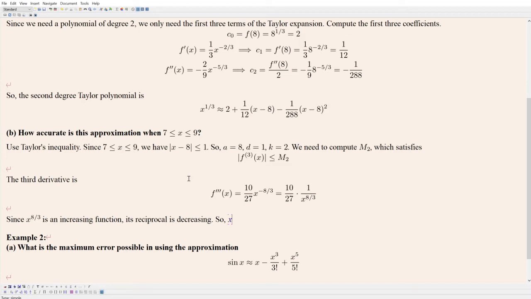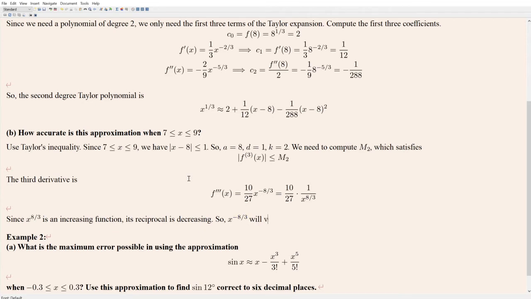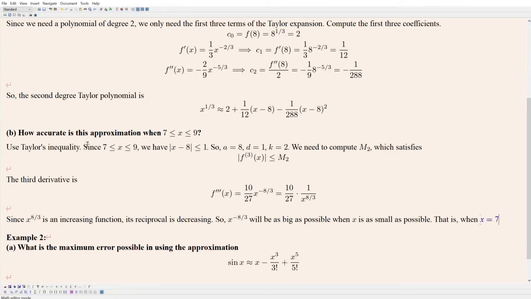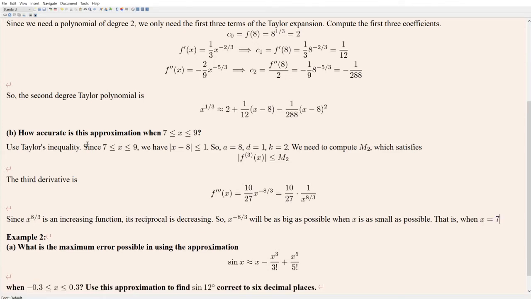So x to the negative 8/3, the reciprocal, will be as big as possible when x is as small as possible. In the range that we are considering, the smallest that x could possibly be is 7. So we will get our upper bound when we just plug in x equals 7 here.